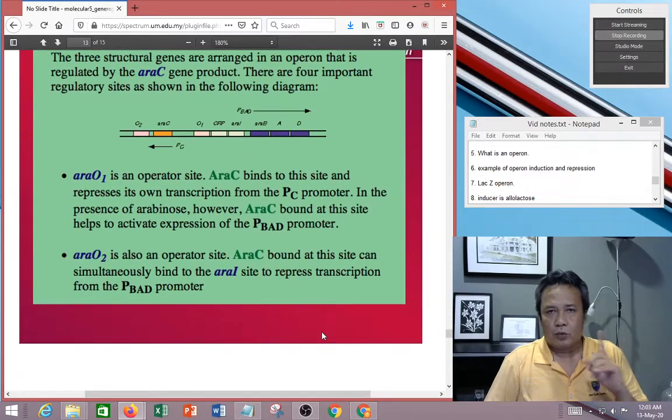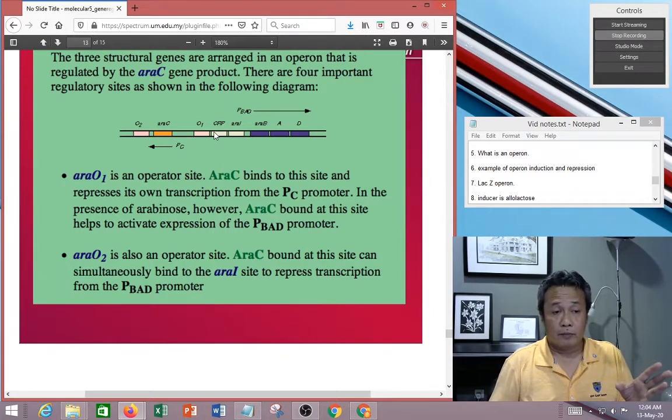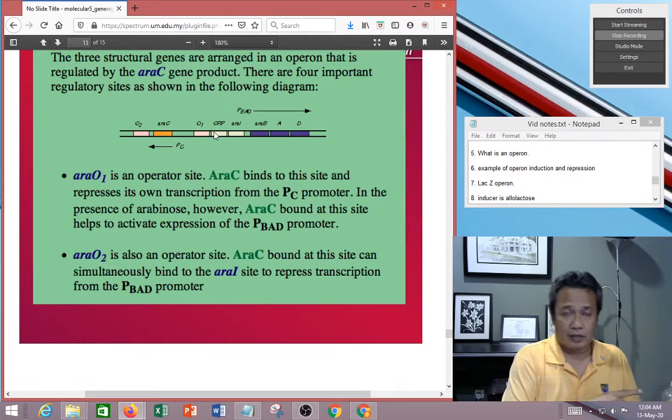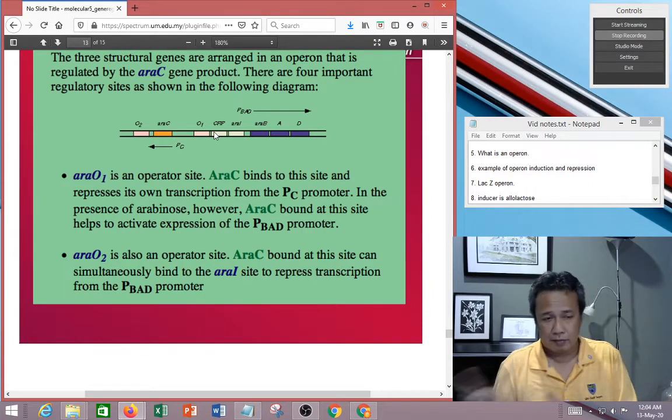So depending on where AraC binds, and depending on whether arabinose is present or absent. Again I'll repeat this. If there is presence of arabinose, AraC binds better to O1, and because of that, it stops AraC production and also promotes BAD.